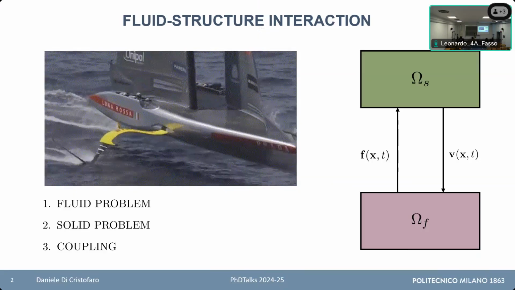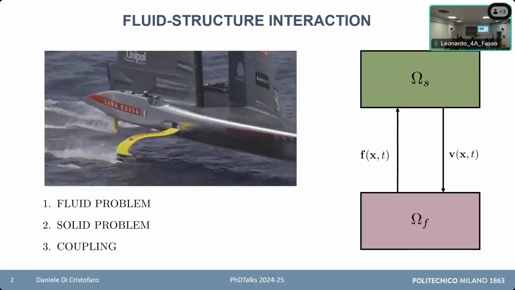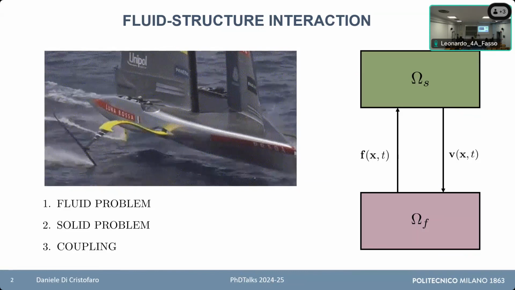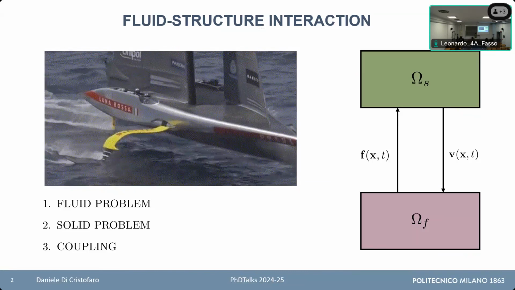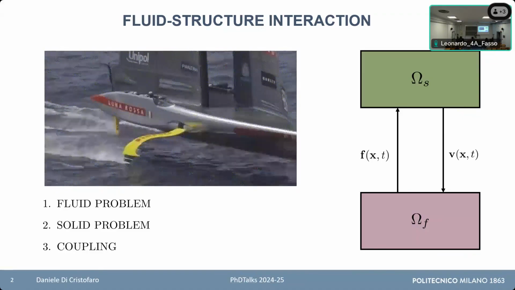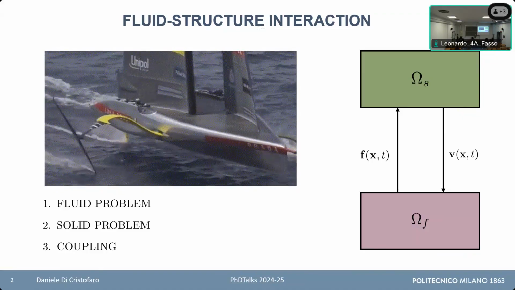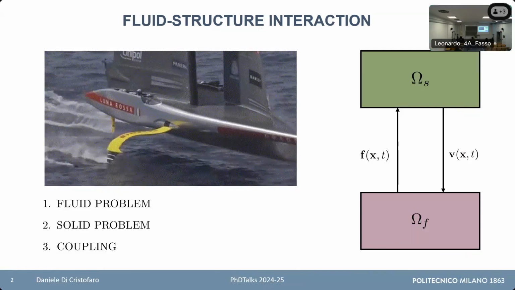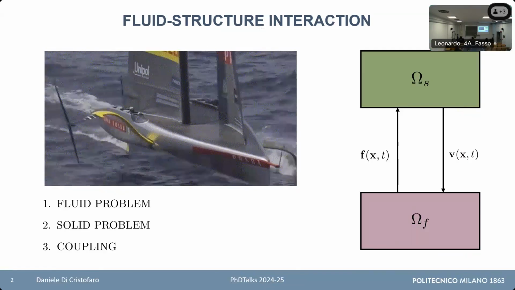From the solid problem we want to extract the displacement, or in this case the velocity, and pass it to the fluid. At the same time, we want to compute the forces acting on the interface and pass them to the solid. This is computed recursively until a convergence is reached.